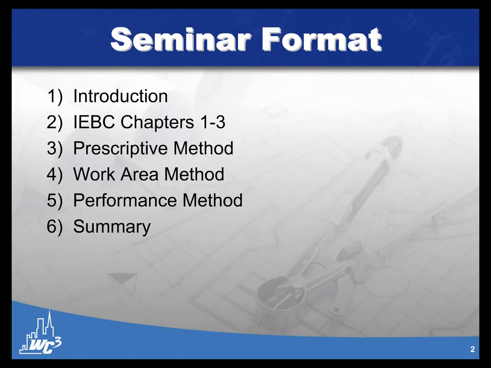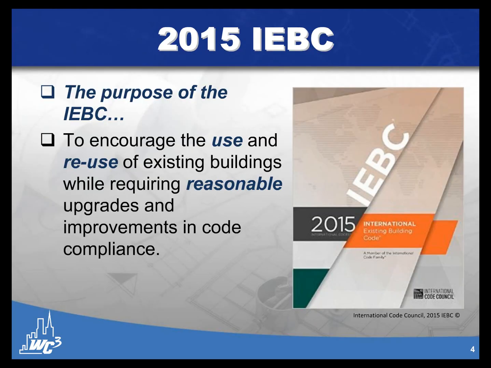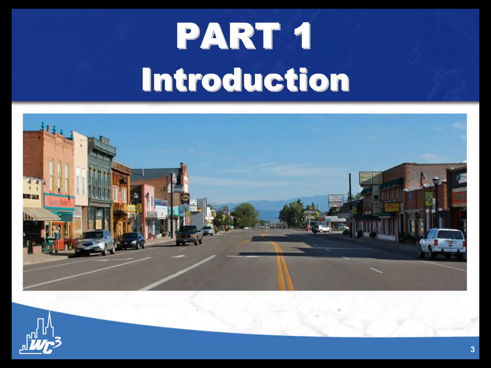So first of all, Part 1. The one thing I would note right here in Part 1 as far as an introduction, this is like a main street in anywhere USA. All throughout the U.S., in a lot of our cities and jurisdictions that have been around a long time, we're going to see a lot of older buildings. Many of us are constantly dealing with existing buildings.